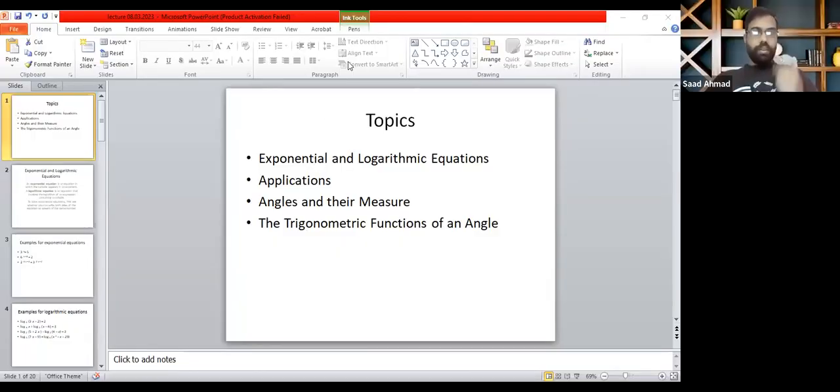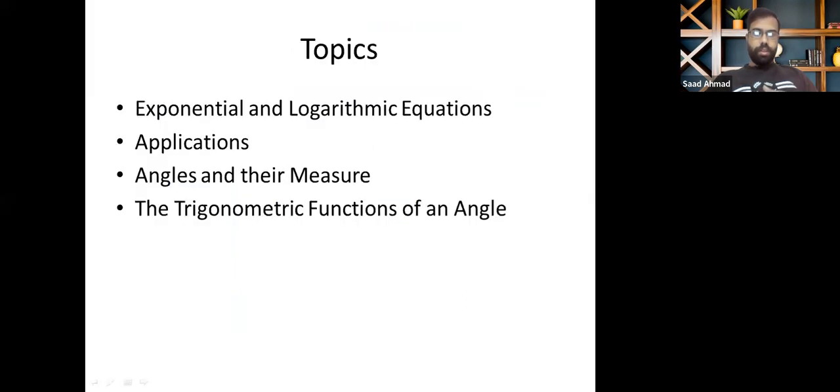So let's start the class. Okay, so today we will see exponential and logarithmic equations, like solving exponential and logarithmic equations.